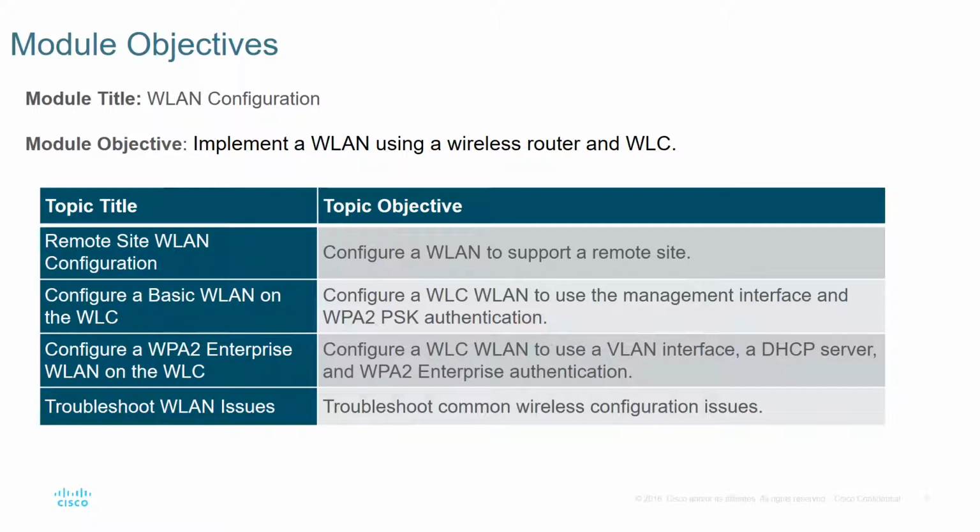And we're going to configure a wireless LAN controller for a WLAN to use a VLAN interface and a DHCP server and WPA2 Enterprise authentication. And then we're going to troubleshoot some common wireless configuration issues.